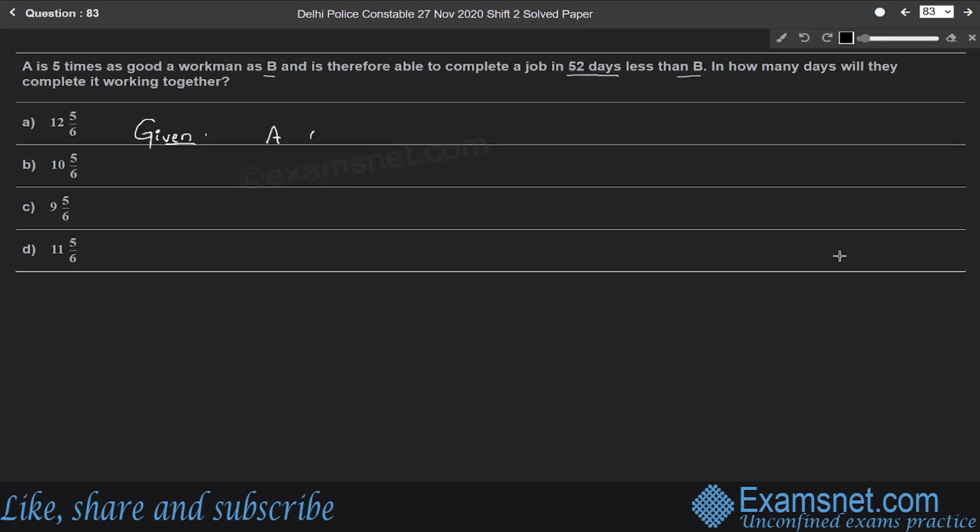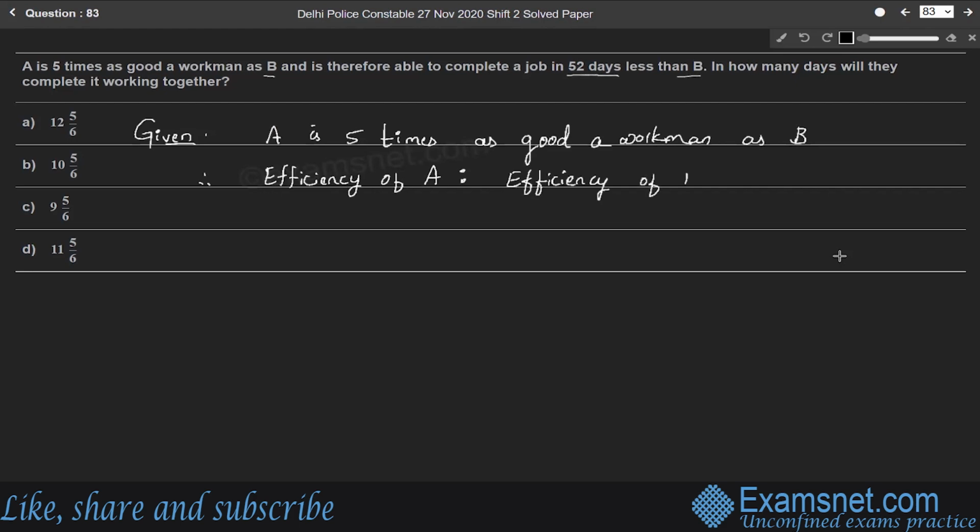So A is 5 times as good a workman as B, right? Therefore, their efficiency ratio. So efficiency of A is to efficiency of B is equal to 5 is to 1.